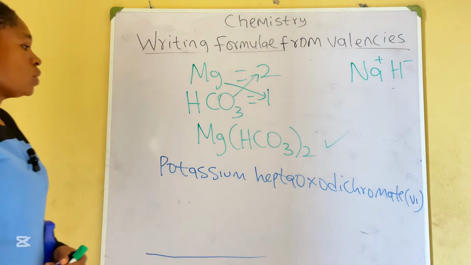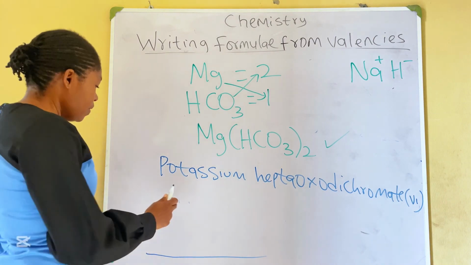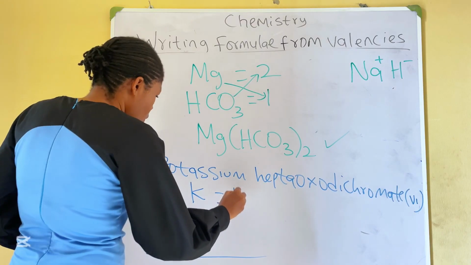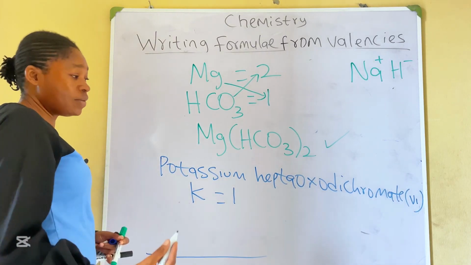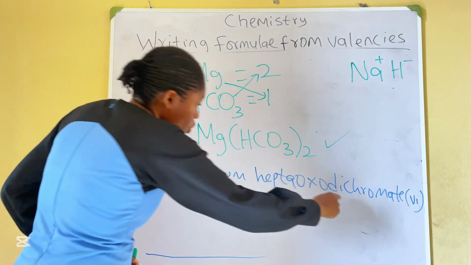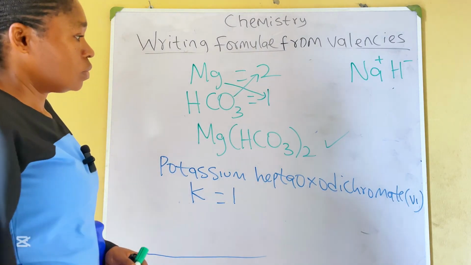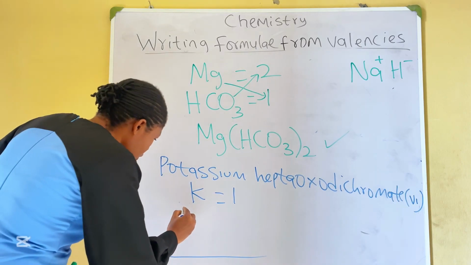Potassium heptaoxodichromate(VI). So the valency of potassium is what? K. What's the valency? 1. Heptaoxo, you see that hepta is 7. So heptaoxo dichromate. This chromate comes from the element chromium, and the symbol is Cr.